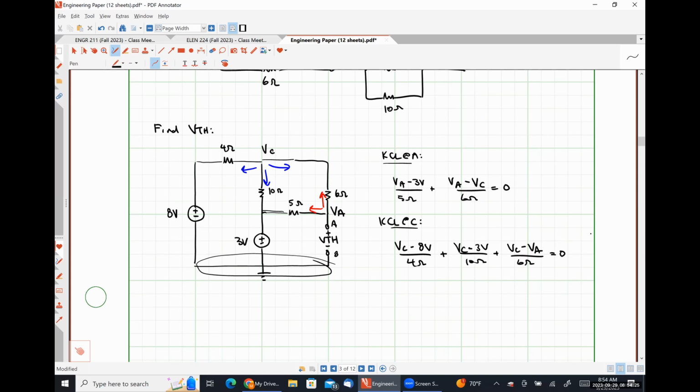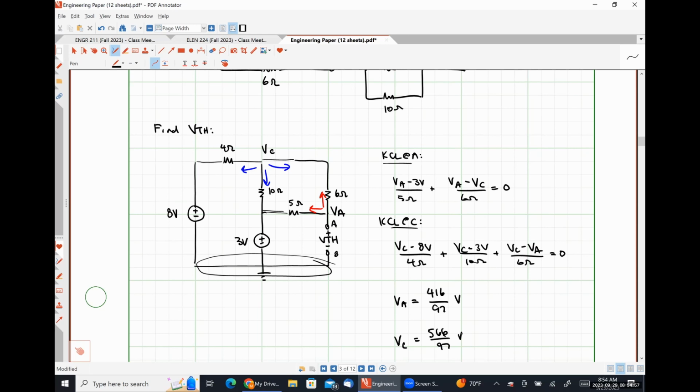And my constant term is going to be 8 over 4 plus 3 over 10. In solving this, I get VA is equal to 416 over 97. And VC is equal to 566 over 97.